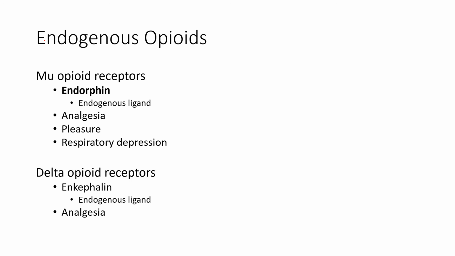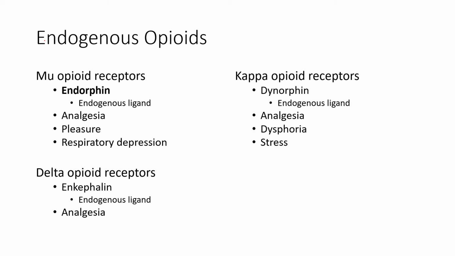The enkephalins are another one, with analgesia, and then the final one, dynorphins, I cannot speak today, are related to things like dysphoria and stress, as well as the analgesia.